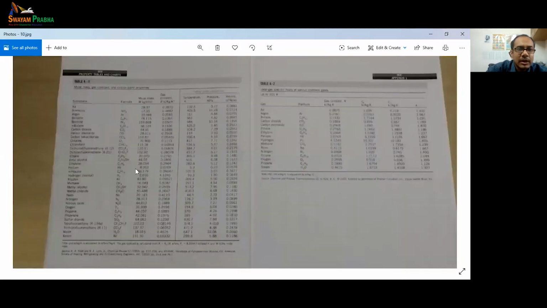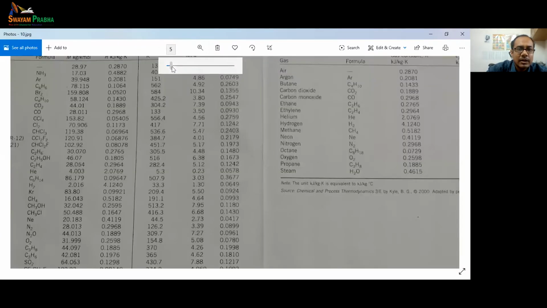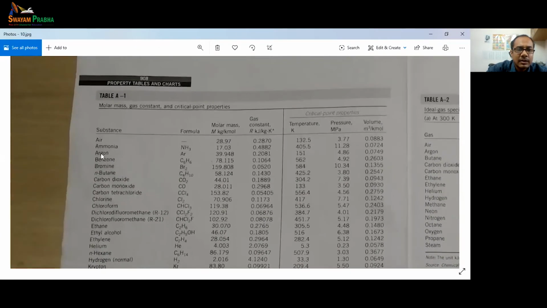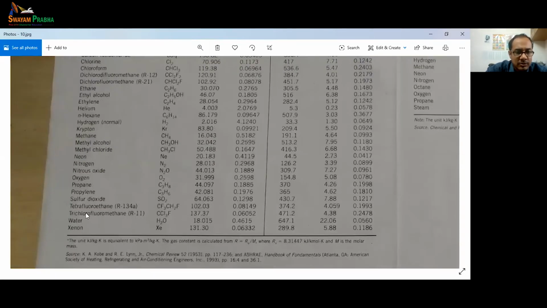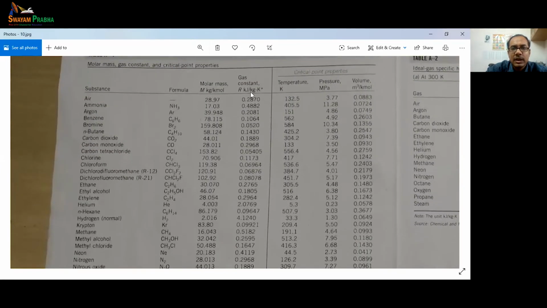water vapor. Okay, so coming back to this table again, we have looked at the air value earlier. Now we will use the value for water. At the bottom of the table, you can see this is water, and the fourth column is the gas constant, which is 0.4615, and the unit is kilojoule per kg Kelvin.